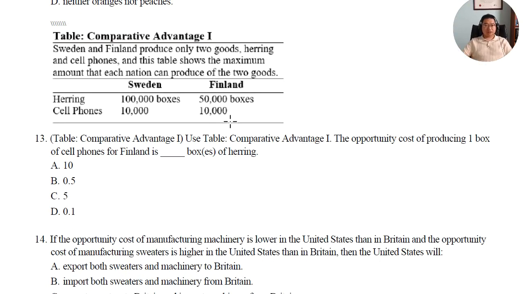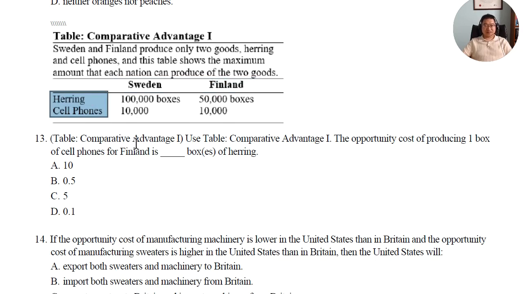Now look at question 13. We have a table, comparative advantage 1. Sweden and Finland produce only two goods, hearings and cell phones. This table shows the maximum amount that each nation can produce of the two goods. Notice they are very sneaky. On the columns, you have the countries, and on the rows, you have the products.